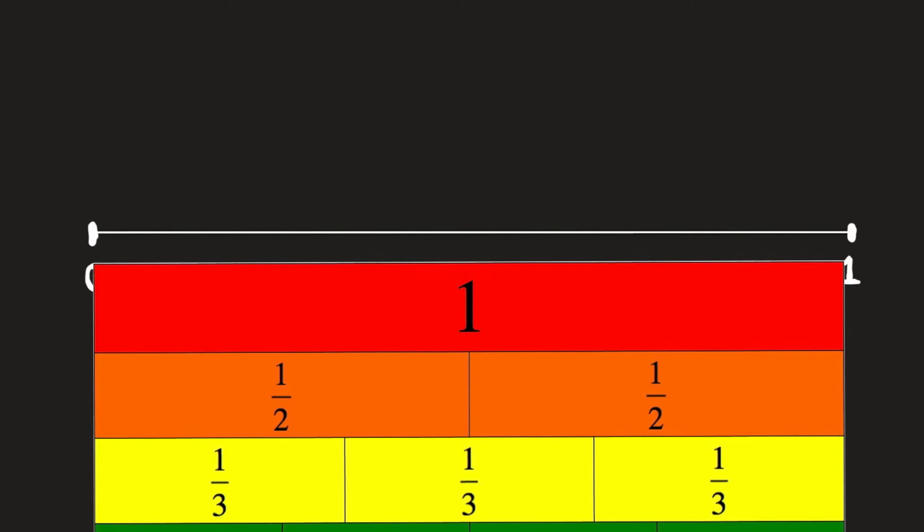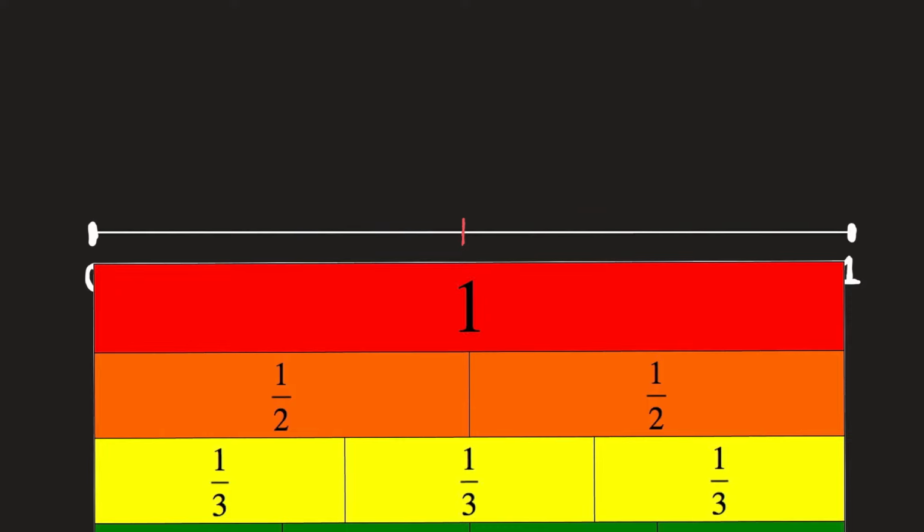We're going to go ahead and first break it up into half. As you're seeing here, if I'm going to break this up into half, I cut it right there. So that is the halfway point.